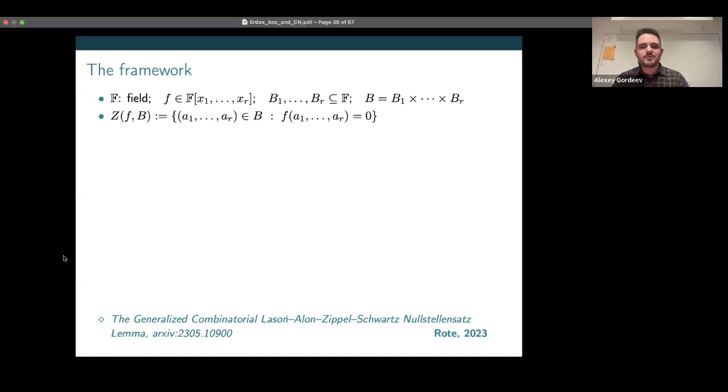Let me set up our setting. We again have a field, and a polynomial in our variables. Suppose we fix some product set B. For now, it's just any product set, so we just fix some set of values for every variable. We can define Z of F, B as the zero set of F on this product set, the subset of points on which the polynomial is zero.